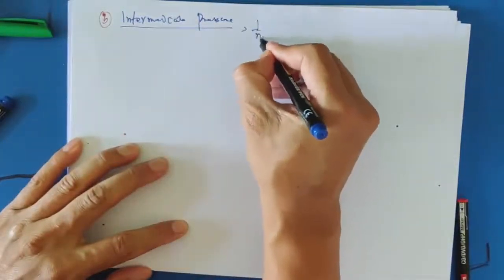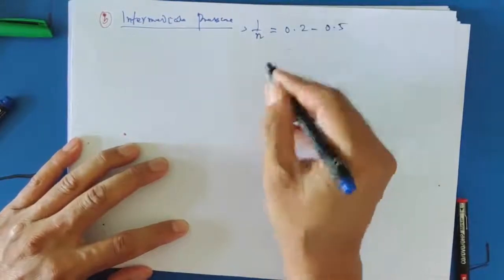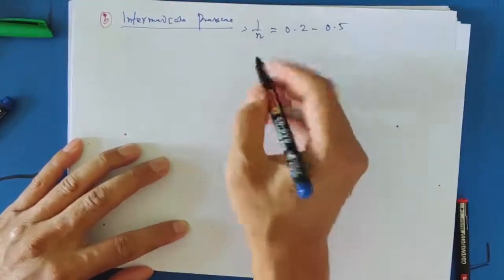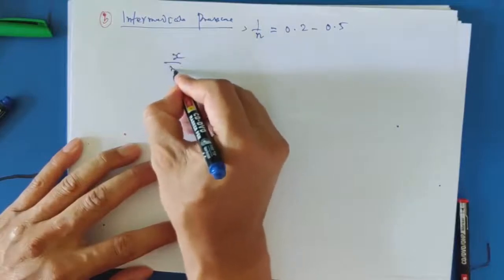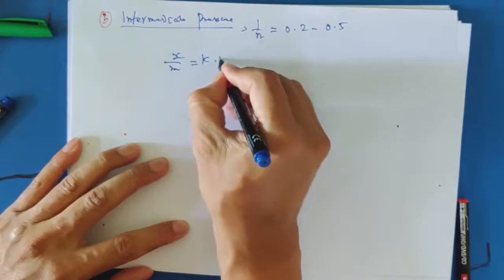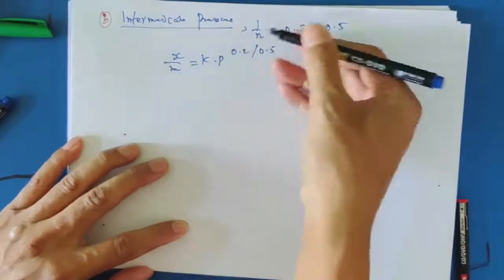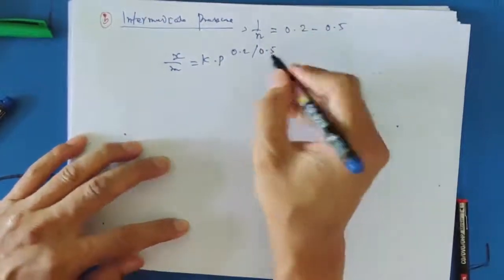Experimentally, it is found that the 1 by n value ranges from 0.2 to 0.5. In our Freundlich isotherm, x by m equals k p to the power, say, 0.2 or 0.5. Let's call it 0.3.